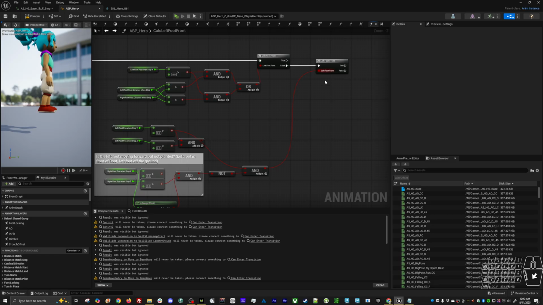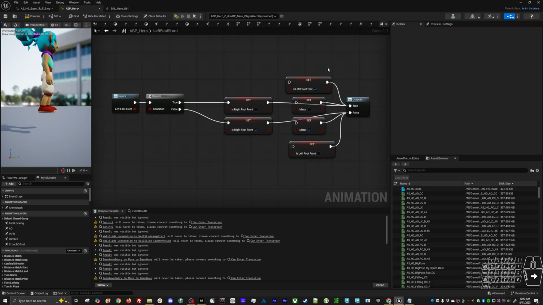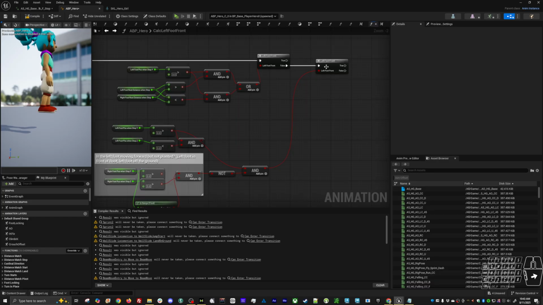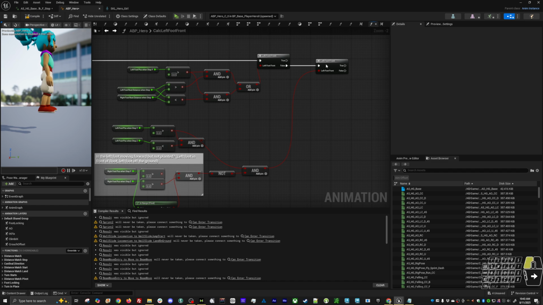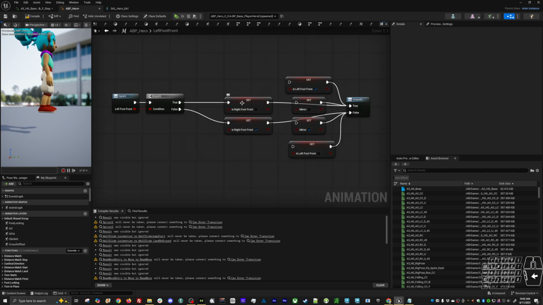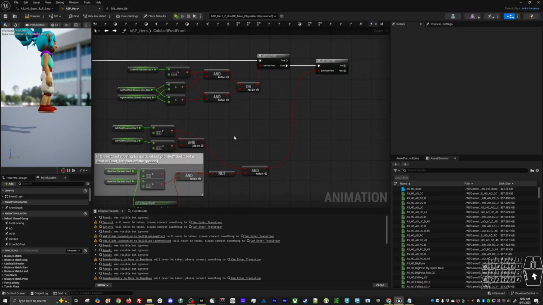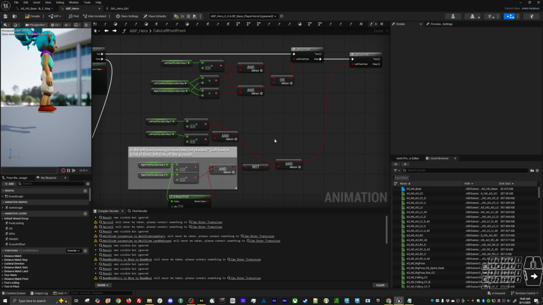And then one more check, left foot front, false, or not. So if that's true, then no, the right foot is not in front. But if it's false, then the right foot is in front. So we're just doing multiple checks here. First, we check this one, then we check this one.